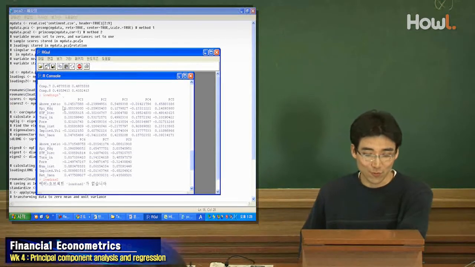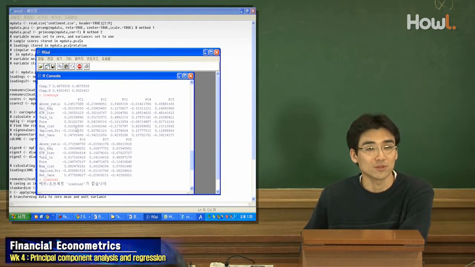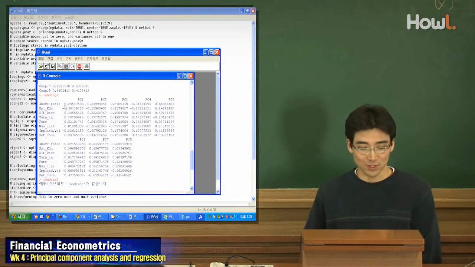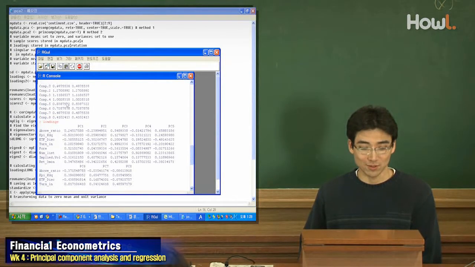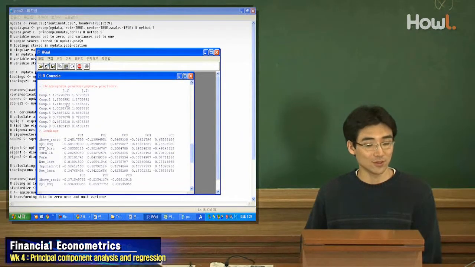Therefore now I can see more easily how each of my original variables is related with my principal component. So basically the first principal component is this multiplied by this, and this multiplied by something like that. And of course we have to multiply the eigenvalue, which is the variance of the original matrix.